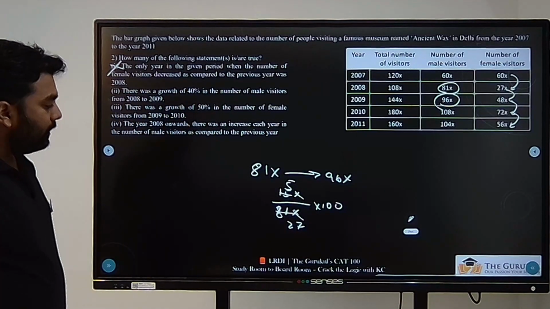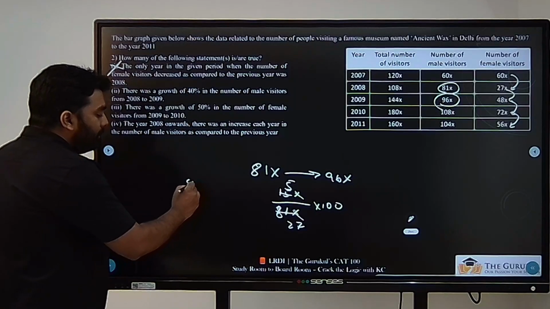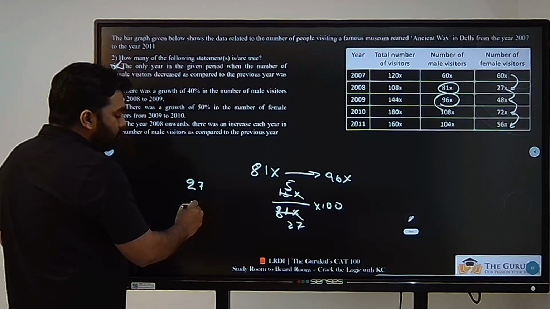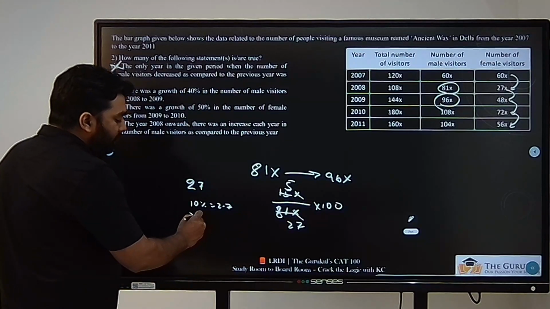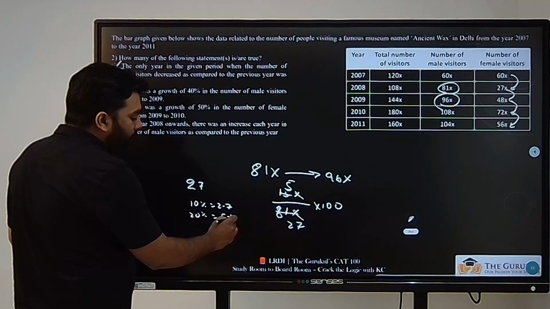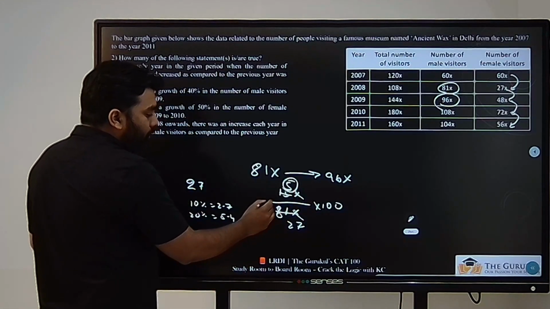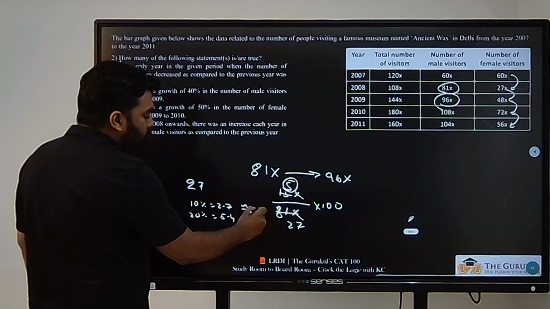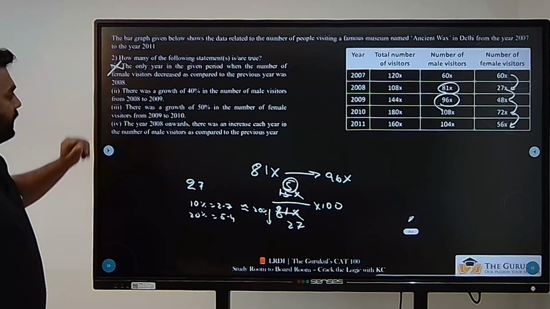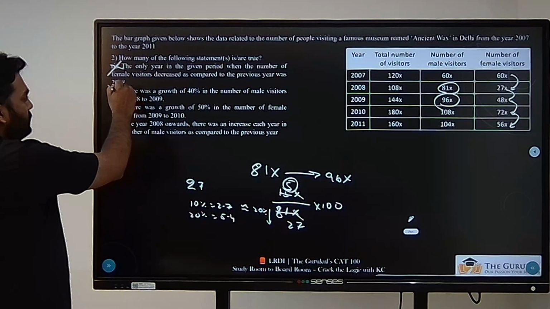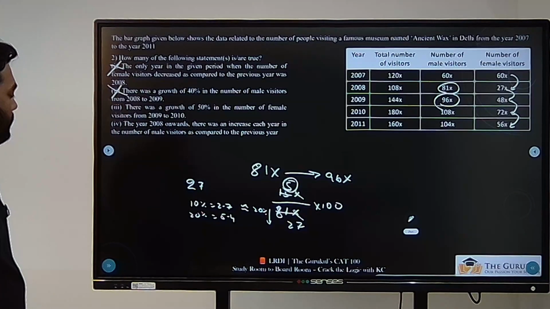Now if you observe carefully, I am having denominator as 27. So 10% equal to 2.7. 20% will be equal to 5.4. This is 5 only. So my answer is close to 20% and less than 20%. But here they are talking about 40%. So this is also not the answer.